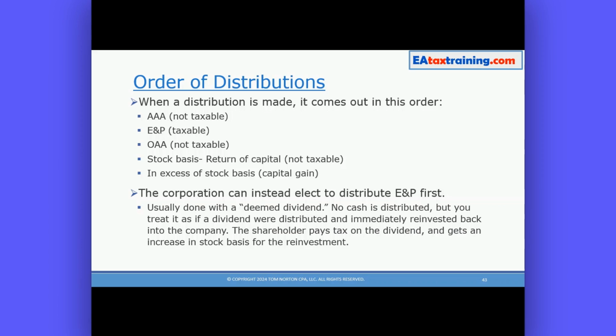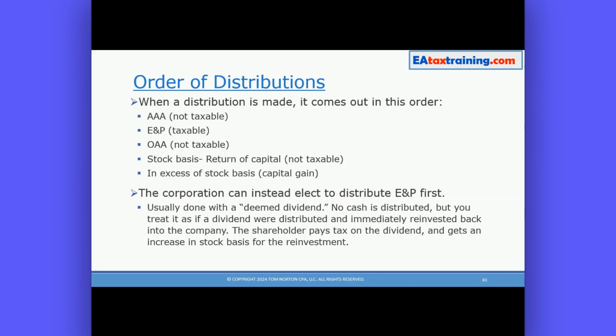But first of all, when they do this election, they usually do it not by actually distributing anything to the shareholders, but by doing a deemed dividend. So you're basically pretending that you distributed cash to the shareholder and that they then turned around and immediately reinvested that money back into the company.